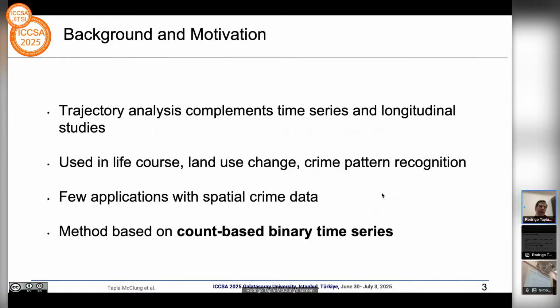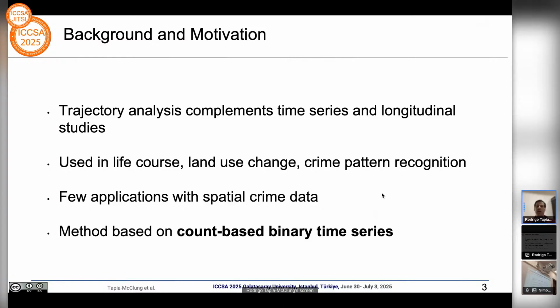The idea behind this is that we can follow through time and space how things are happening in a certain policing unit. Longitudinal studies and trajectory analysis are typically used in life course studies and land use change, and we're trying to see if it is possible to adapt this as a methodology to crime studies.